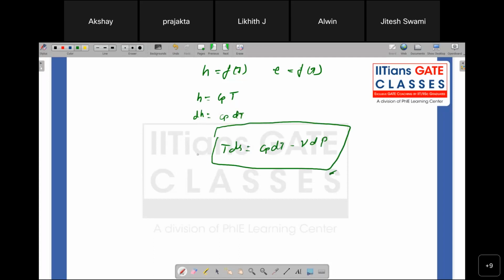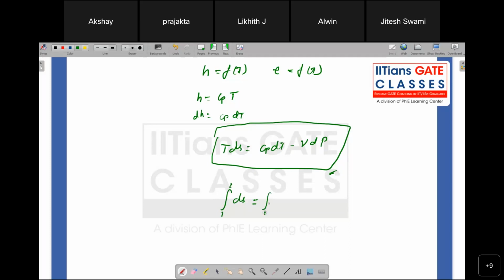So this is one important relation through which I can derive isentropic quantities. You see here, if I integrate this equation, the process is taking place between point 1 and point 2.